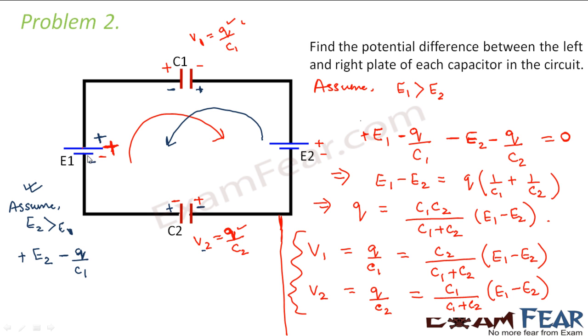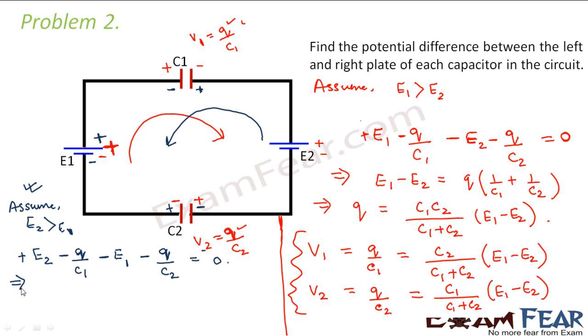Then we reach E1. For E1, it is departing from the negative terminal, so this will be minus E1. Then we reach C2. For C2, again it is departing from the negative terminal, so this will be minus Q by C2 is equal to 0.